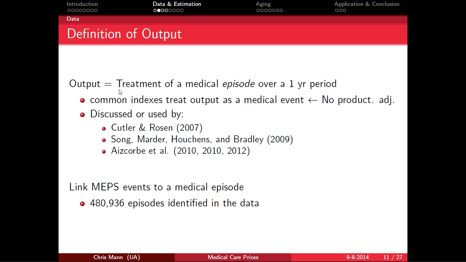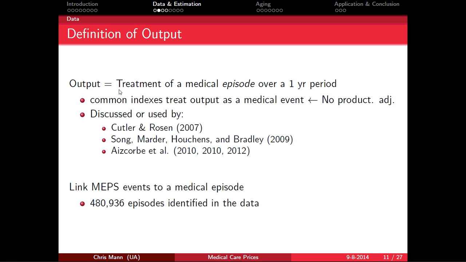Okay? Now, the big question is, how are we going to treat output? Right? Because you can't talk about how the price per unit of output is rising or changing over time if we don't have a clear definition of output. And so just like for the MCE, what we're going to do is we're going to consider a unit of output to be the treatment of a medical episode over a 1-year period.